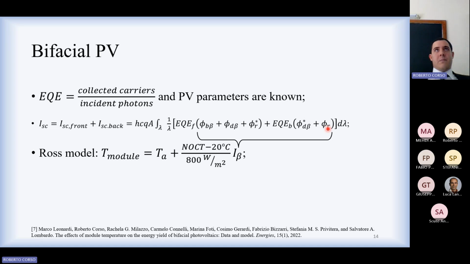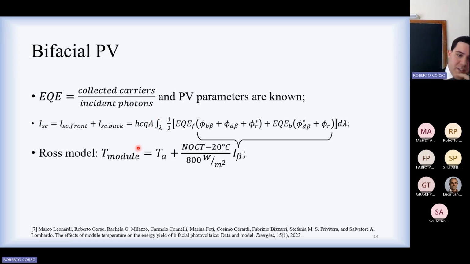That means towards the north of the module. So it is all integrated over the wavelength from 300 nanometers to 1100 nanometers. And all these are physical constants in order to obtain a quantity that is basically amperes.